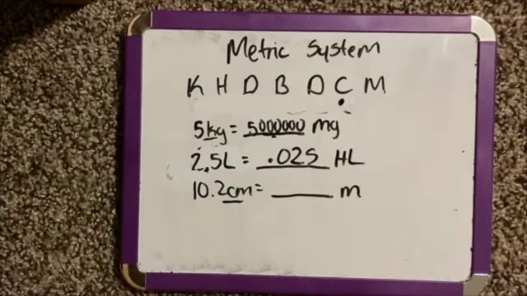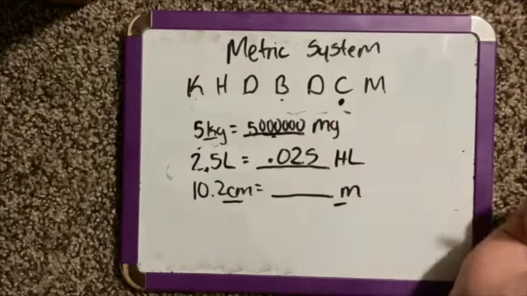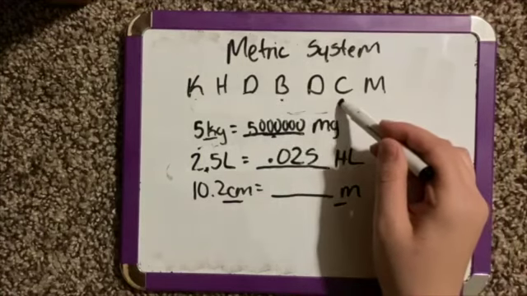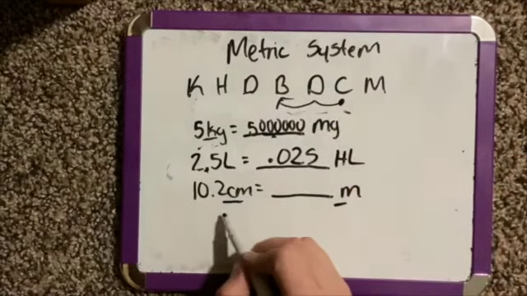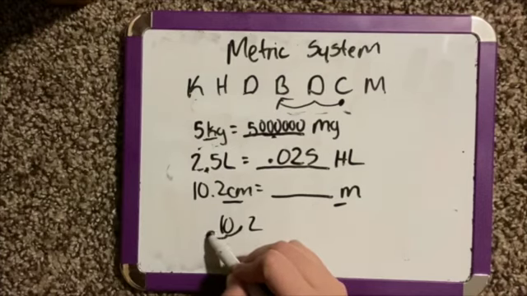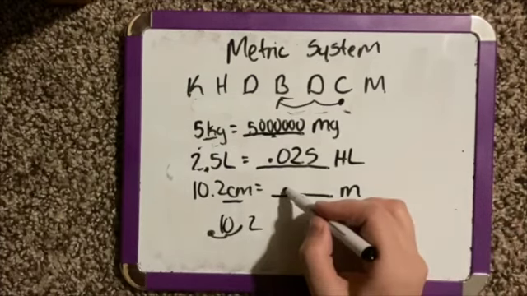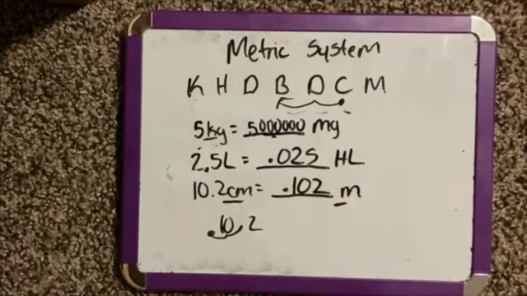The second one, they just give us an M. If there is not a letter in the front, it goes to base. So that means we need to move it 2 times this direction. So 10.2, we find the decimal, it'll go 2 times this direction. So it'll just be 0.102 meters.